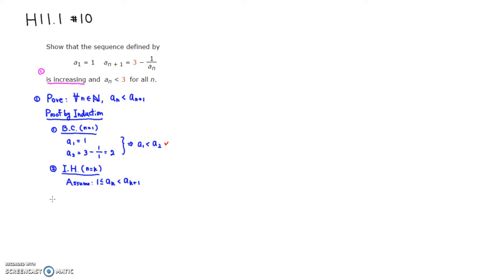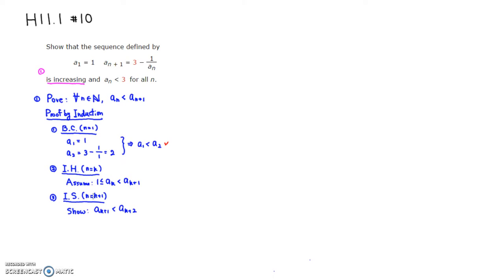Then number 3, the last step, is called the induction step. We have to show that when n equals k plus 1, we still have the same inequality. So we need to show that a_(k+1) is less than a_(k+2). We can start from what we know.